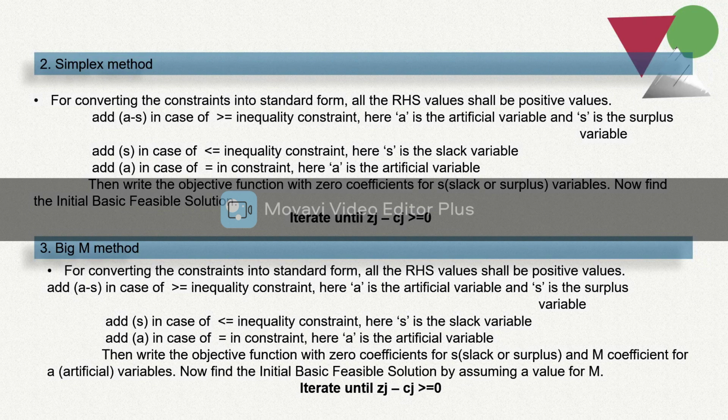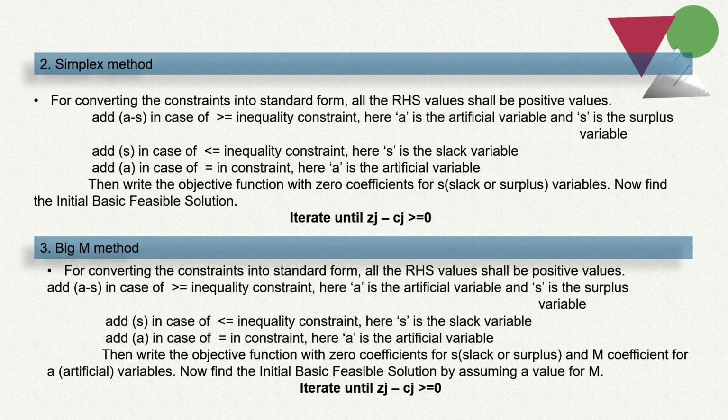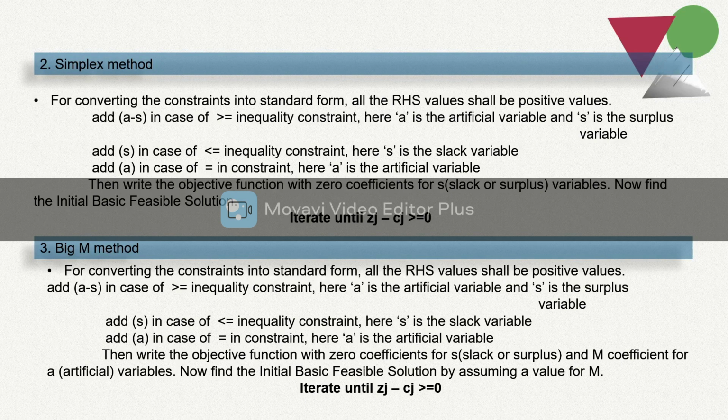Then moving to the simplex method, for converting the constraints into standard form, all the RHS values should be positive. Add a minus s in case of a greater than or equal to inequality constraint. Here a is the artificial variable and s is the surplus variable. Add s in case of a less than or equal to inequality constraint.